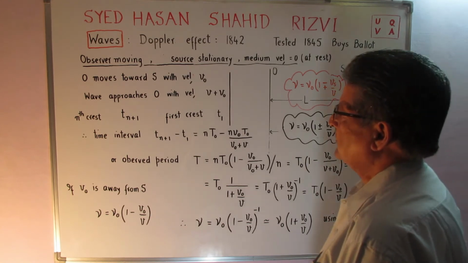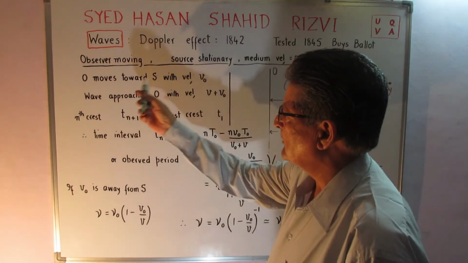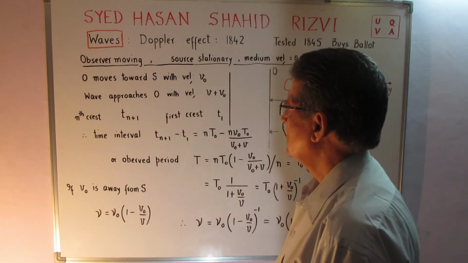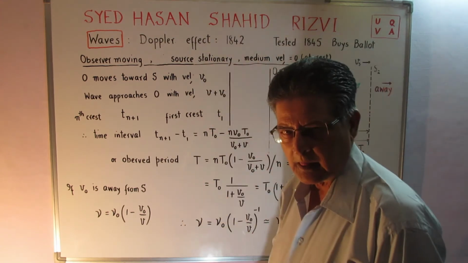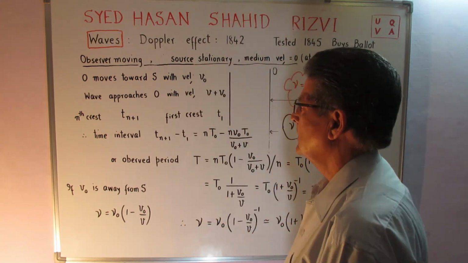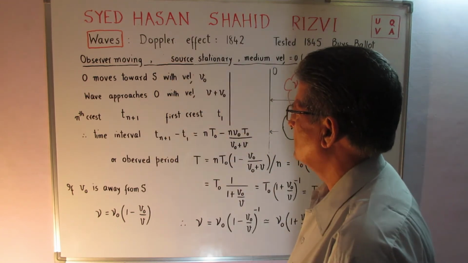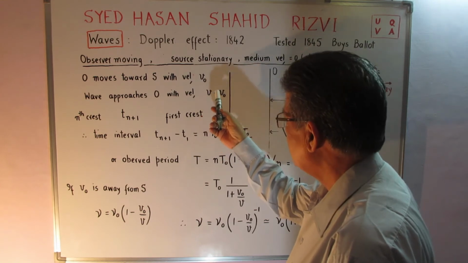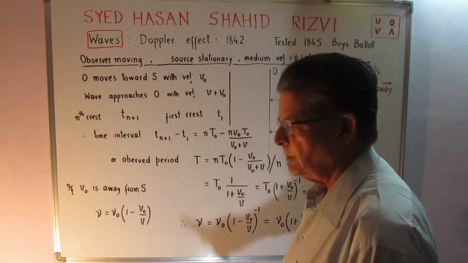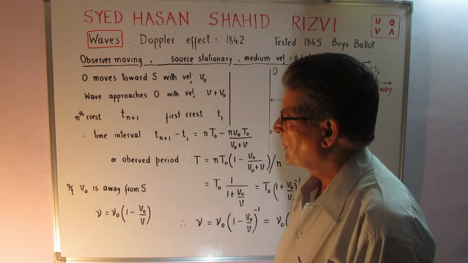So now in this case, we have the observer moving towards the source with the velocity v observer, not v naught. And the wave approaches the observer with the velocity v plus v0, because that will be added to it.